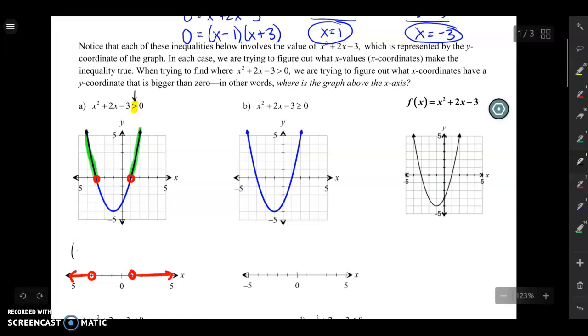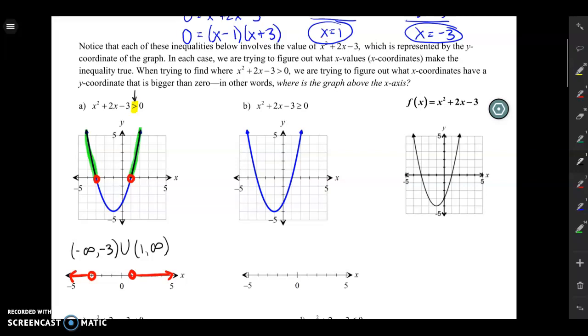So this chunk on the left is going to go from -infinity all the way up to -3. And then this chunk over here on the right goes from 1 all the way to +infinity. And whenever we have two different chunks of domain like this, we always put this union sign between them, and it kind of just means and. It means that I have two pieces of domain. It's -infinity to -3 and 1 to infinity.